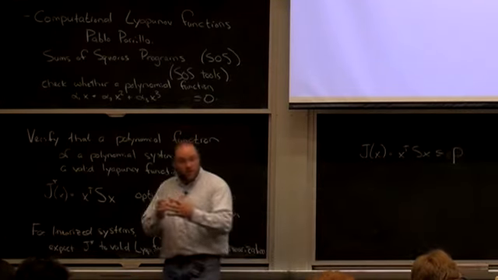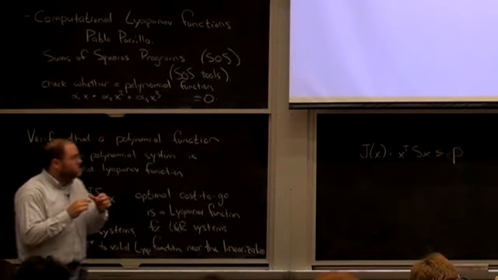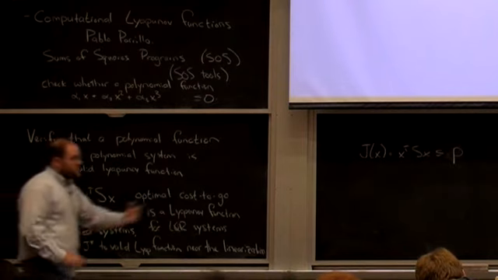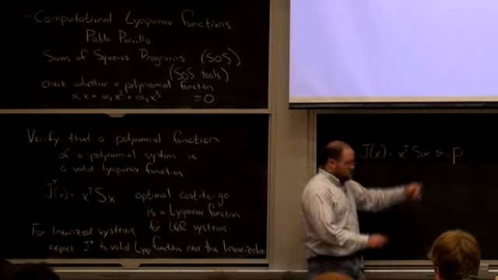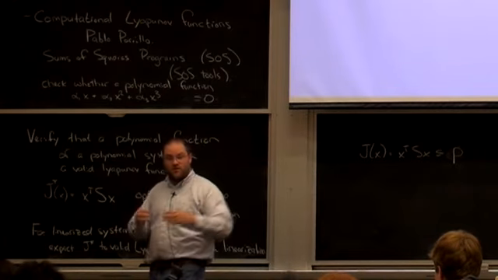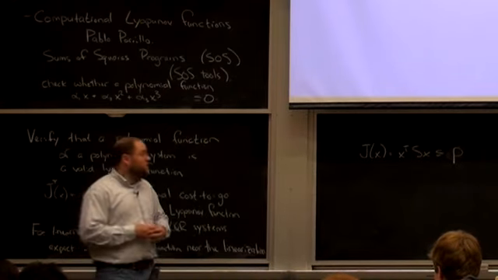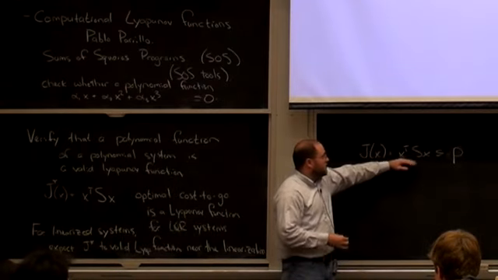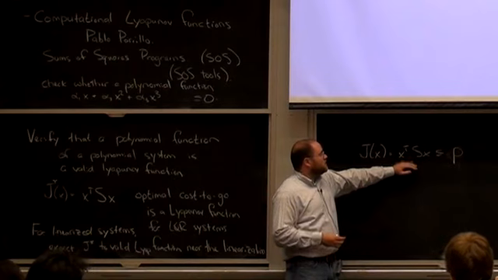I can describe a region of my system just by looking at the height of my cost to go. This is a quadratic function. It's going to look like ellipsoids going out. If you were to draw this landscape, it's going to look like a parabola in high dimensions.